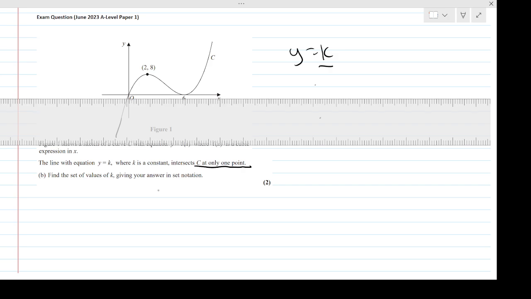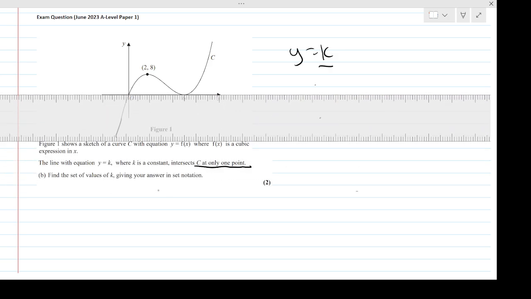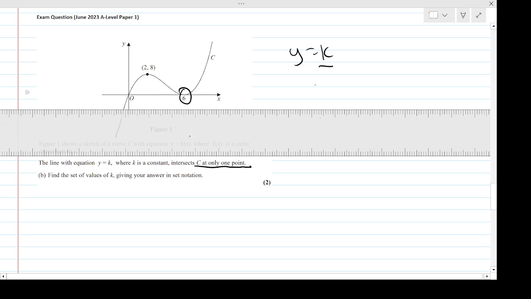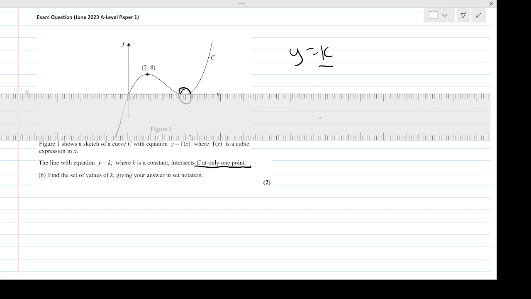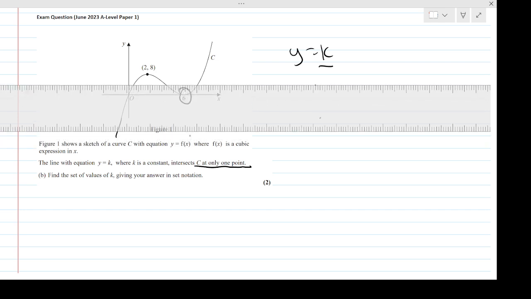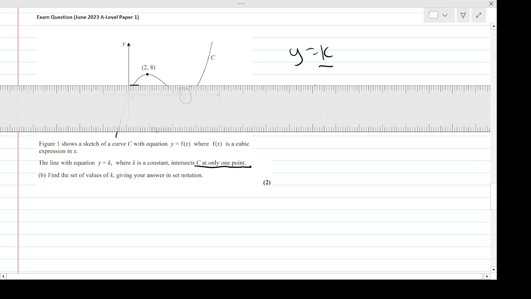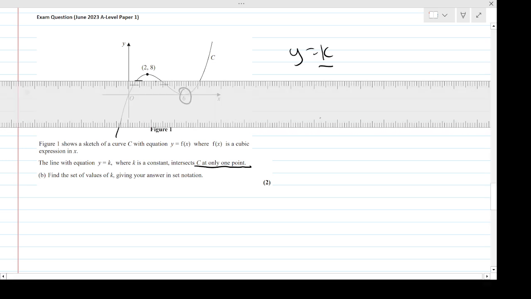If you keep going up, it's going to have one intersection until it reaches this point here at 6. Then it becomes 2 intersections. If you keep moving up, it's going to have 2 intersections, like here and here. Keep going up again, 2 intersections here and here again.